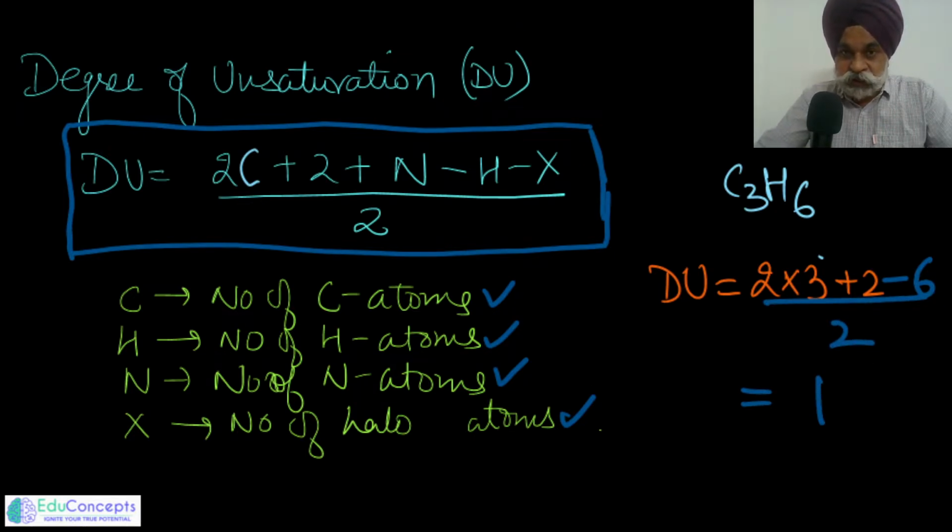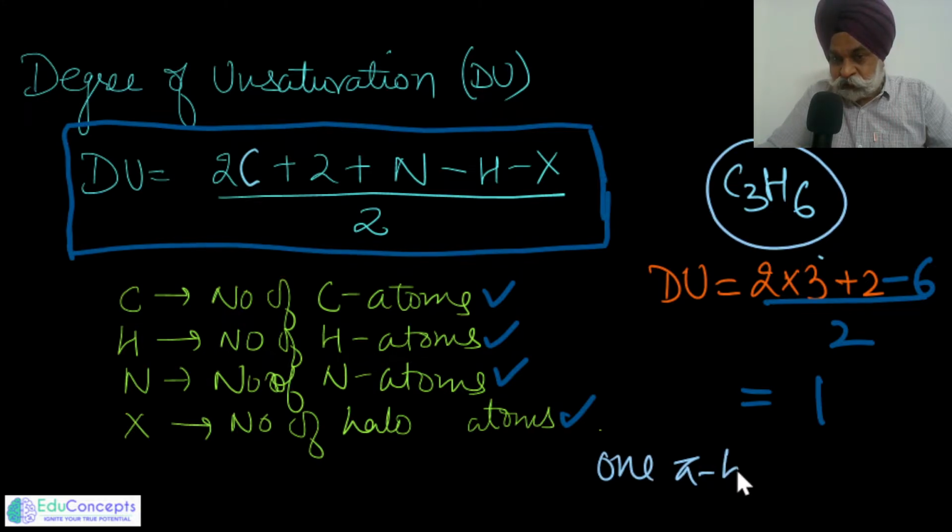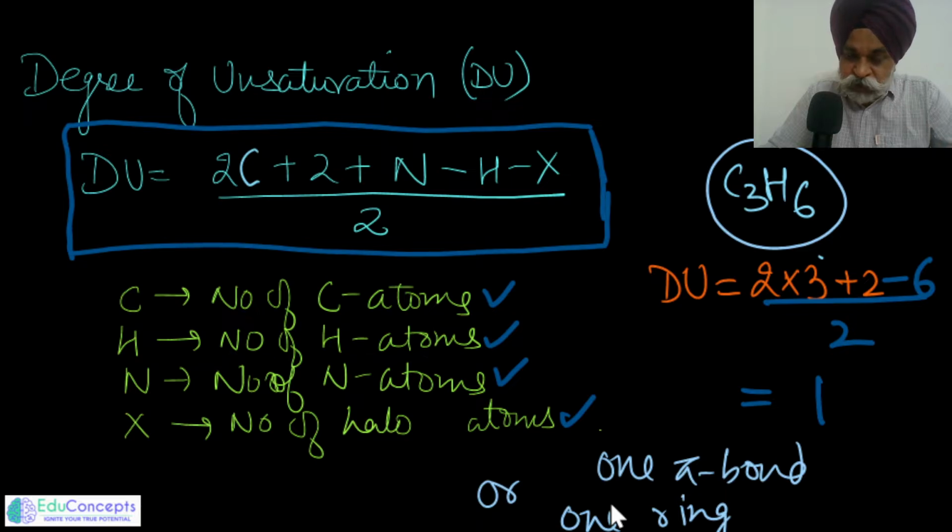So degree of unsaturation 1 means that this particular formula would have either 1 pi bond or 1 ring. So as soon as you understand the meaning of degree of unsaturation from a given formula, for example C3H6, I am able to understand that for this I have found the degree of unsaturation 1.